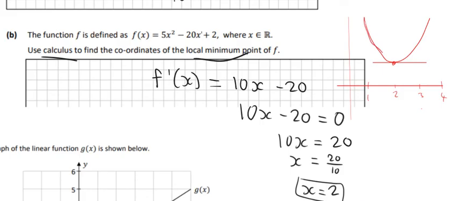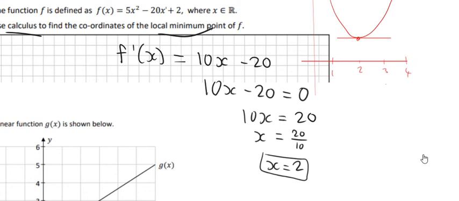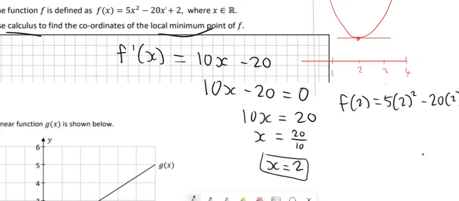So we take this graph, the actual original function, and we're going to sub in a 2 for x everywhere. So I'm getting f of 2. That's 5 times 2 squared minus 20 times 2 plus 2.